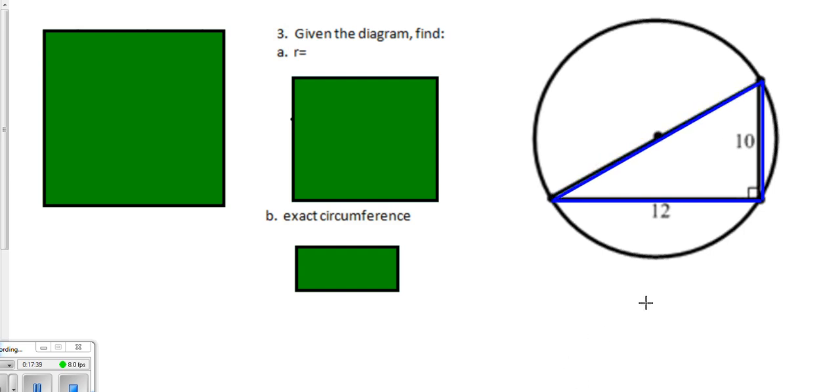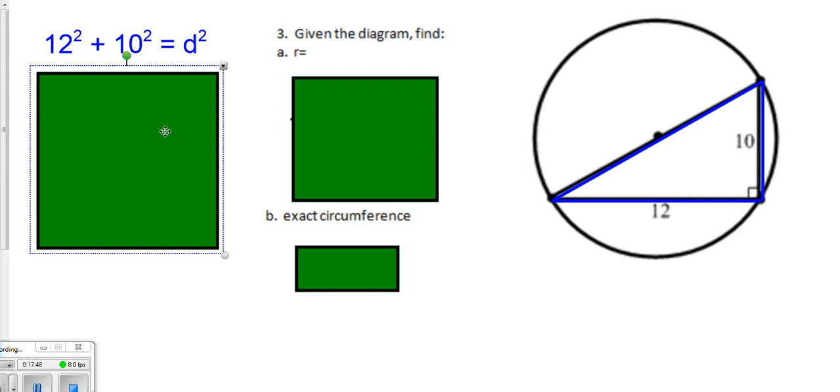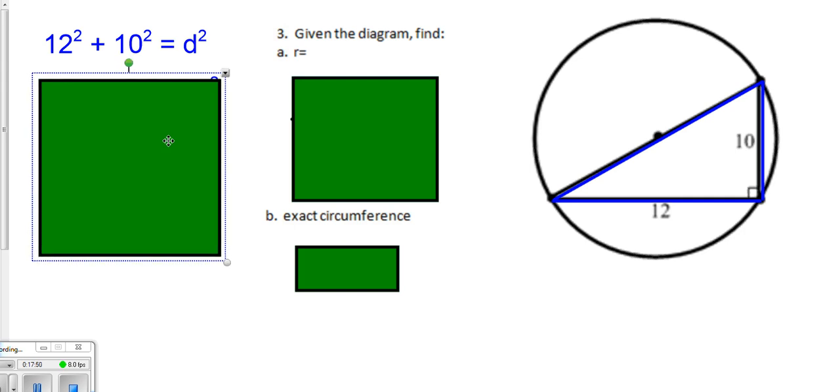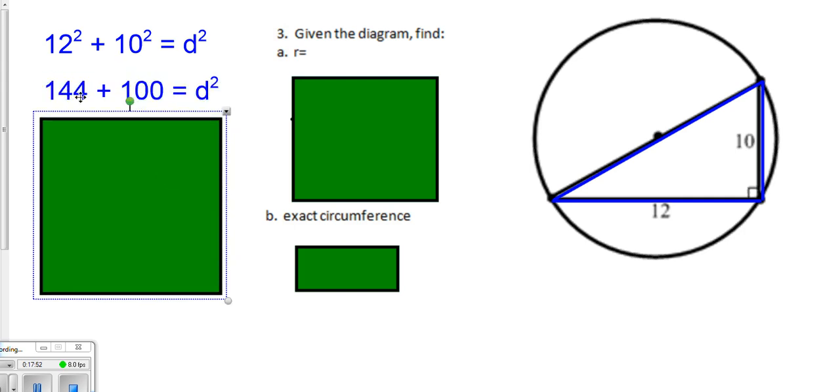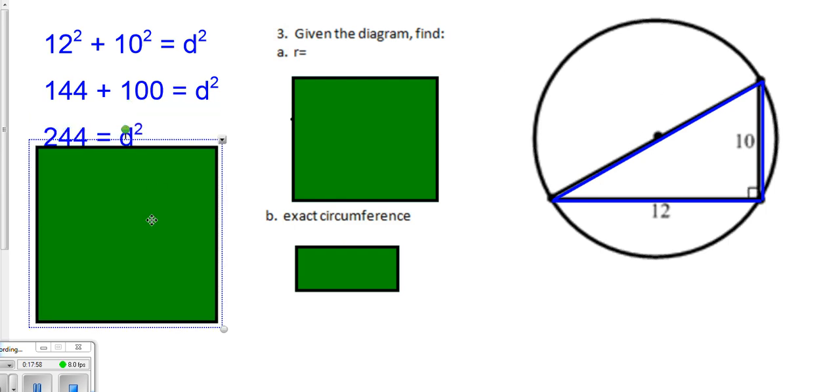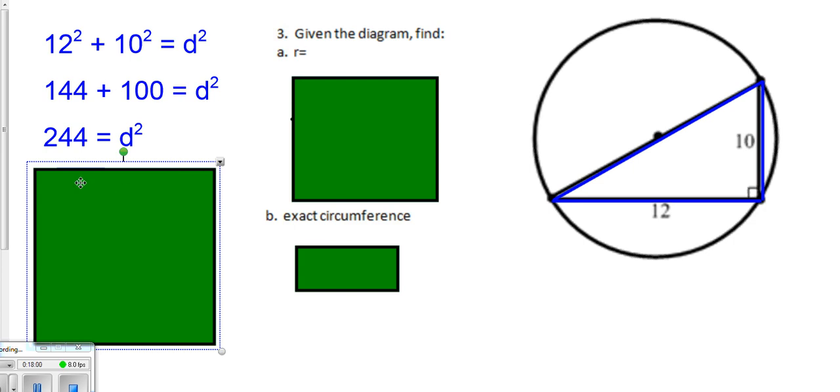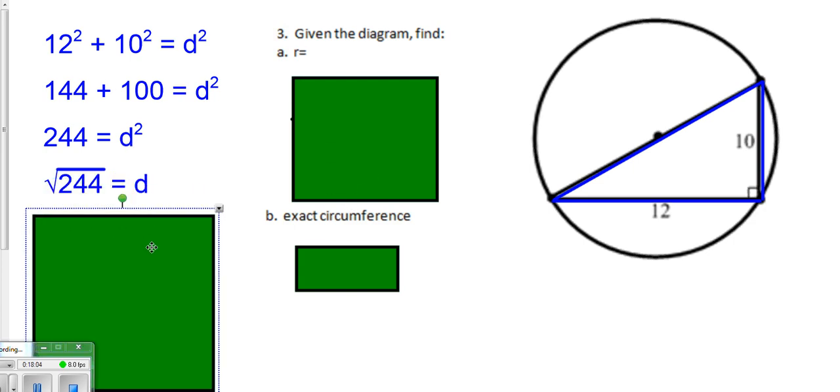So we'd use our Pythagorean theorem to say that these two squared would be our missing piece, squared. So 12 squared plus 10 squared equals d squared. 12 squared is 144, 10 squared is 100. We're still missing this length, the diameter. Add these two together and we get 244 equals our diameter squared.